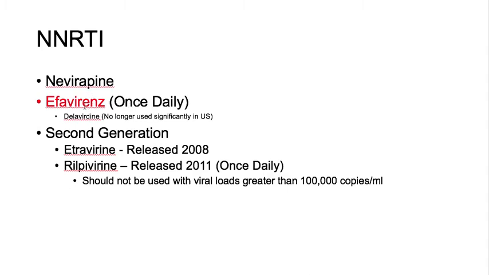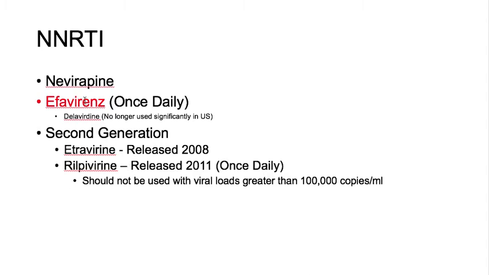Resistance to efavirenz will cause resistance to both the other drugs, nevirapine and delavirdine, but the second generation drugs, etravirine and rilpivirine, retain activity in most cases against efavirenz resistant mutants. I don't care that you know the second generation agents.